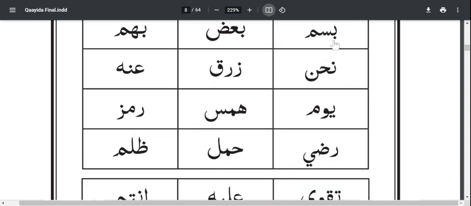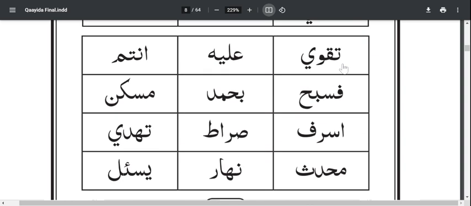Let's practice further. Ba, sin, meem, ba, ain, dad, ba, ha, meem, noon, ha, noon, za, ra, qaf, ain, noon, ha, ya, waw, meem, ha, meem, sin, ra, meem, za, ra, dad, ya, ha, meem, lam, dal, lam, meem. Let's practice more.